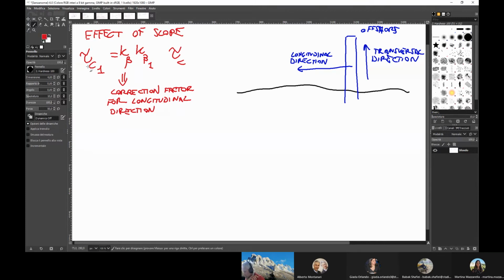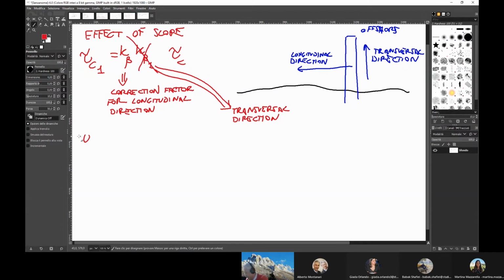K beta 1 is the correction factor for the transversal direction. Yes, because the groin can be sloped in the two directions. Usually in the transversal direction, we don't have slope. So let's forget about this, okay?